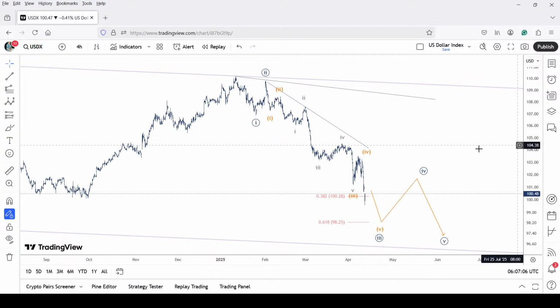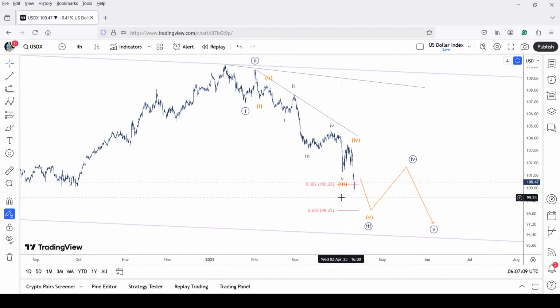It's penetrated the 38.2% Fibonacci extension, and it has also printed around a 99.58 intraday low, and is pulling back right now, which is quite understandable before the final decline could resume. But I don't think the dollar index would extend all the way towards 98.25. So be prepared for a cut short maybe, because as euro is rallying, we are not seeing that kind of a drop coming as a follow through in the dollar index. But nonetheless, the wave structure is as it is.